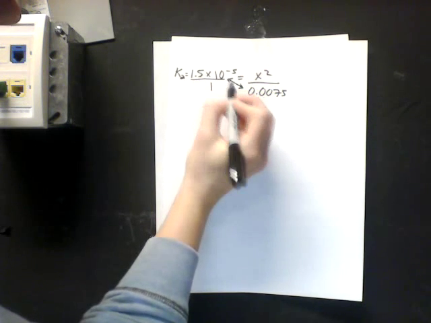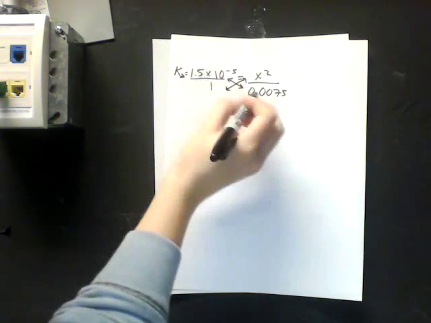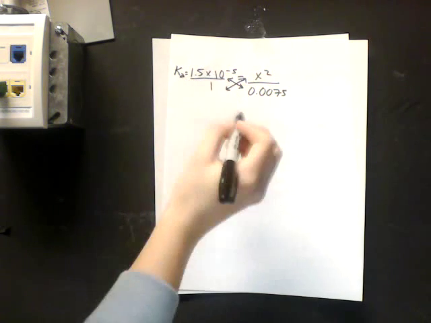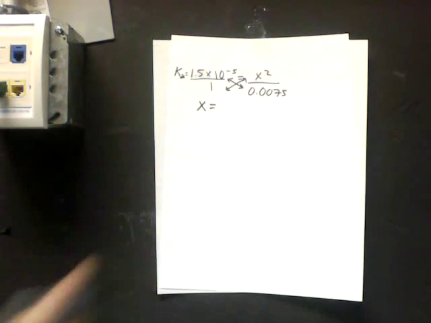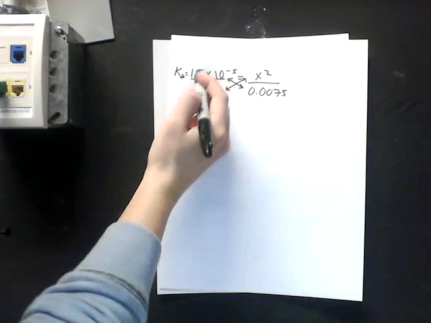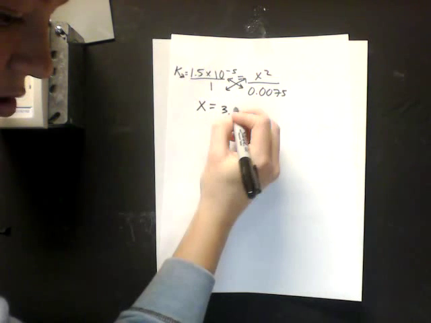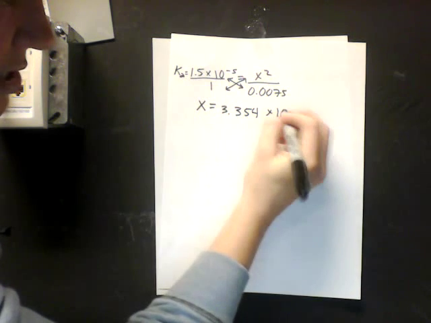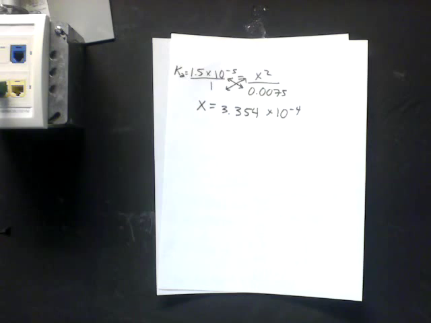Cross multiply, get these numbers on one side. Then X squared is equal to these two multiplied by each other. And then we take the square root of both X squared and this number, and we should get an X of 3.354 times 10 to the negative 4. So that's what my X equals.